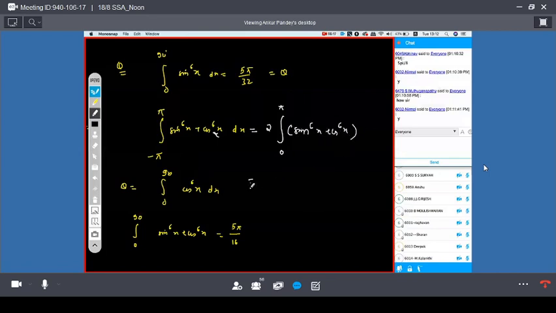Now you know it very well. Look at the third last property: 0 to 2a can be written as 0 to a plus 0 to a, f of x, and f of 2a minus x. Yes or no? Clear? What is 2a? Pi. Same. This is 2 times.